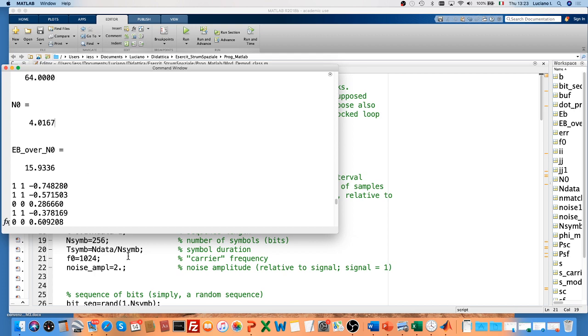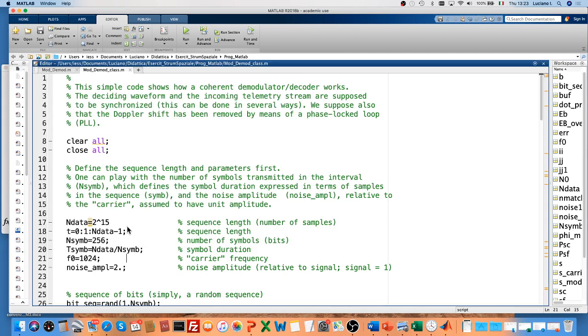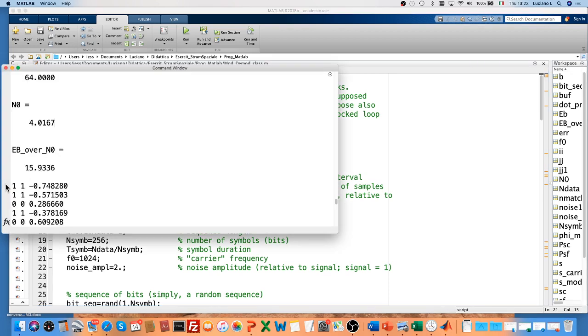Let us try reducing the bit rate again. We expect now a bit rate of 8, an energy per bit over n0 of 8, because if we reduce, the energy per bit over n0 stays the same.